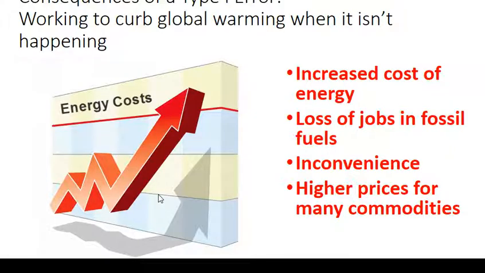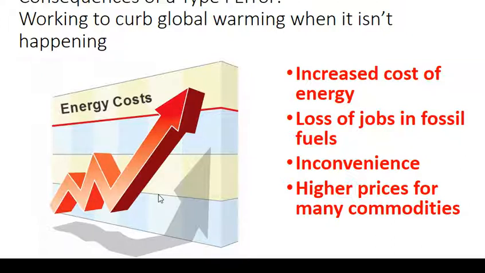What are the consequences? If we do something about global warming, and it's not real, maybe it's just a natural cycle for some reason, then we're going to increase our energy. We have to find better, cleaner sources of energy. We might lose some jobs in the fossil fuel industry.